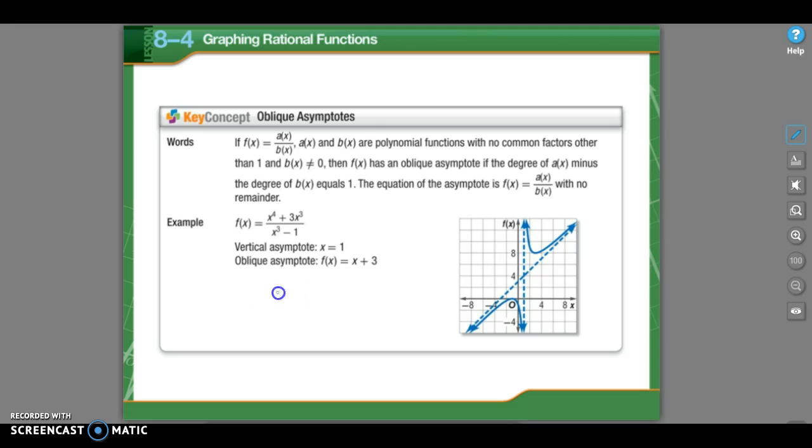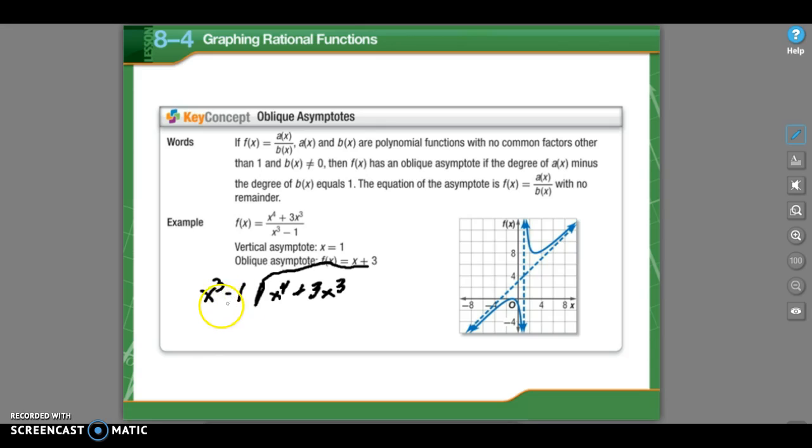So we have x to the fourth plus 3x to the third, and into that I am dividing x cubed minus 1.